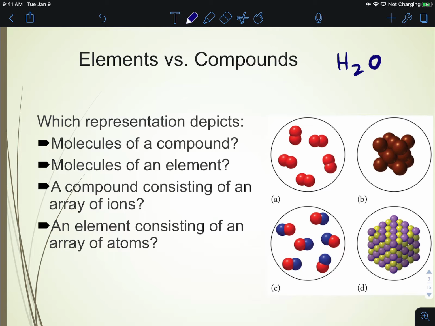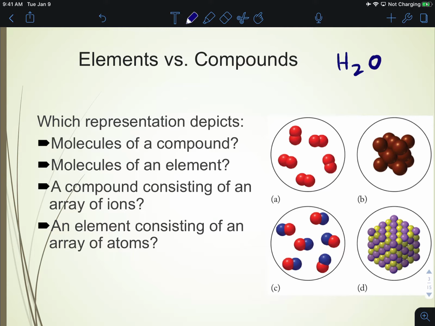So if you look at these representations here, one of these figures is molecules of a compound, one is molecules of an element, one is a compound consisting of an array of ions, and an element consisting of an array of atoms. So if you look at molecules of a compound, well, compound is defined as having basically more than one element, right?